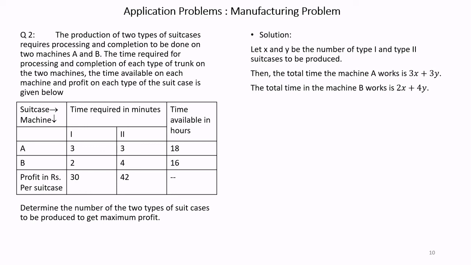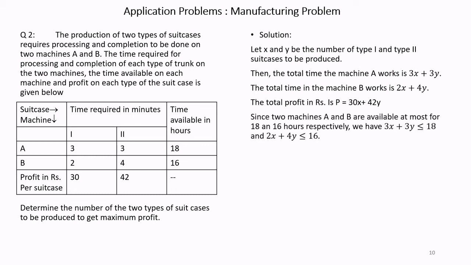The machine is here and it is taking 3x plus 3y and 2x plus 4y. Therefore, the total profit P is 30x plus 42y, because it is the profit on suitcases, given here as 30x plus 42y, for type 1 suitcase and type 2 suitcase.